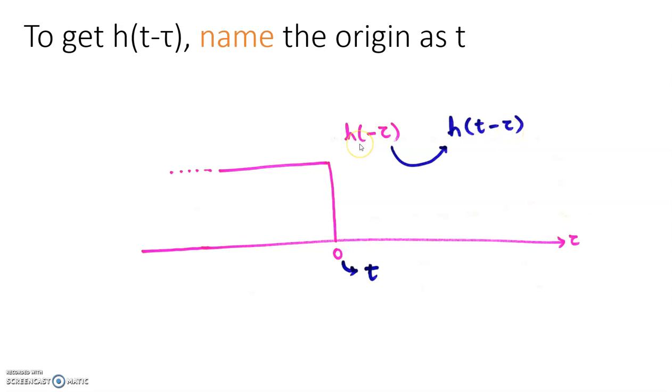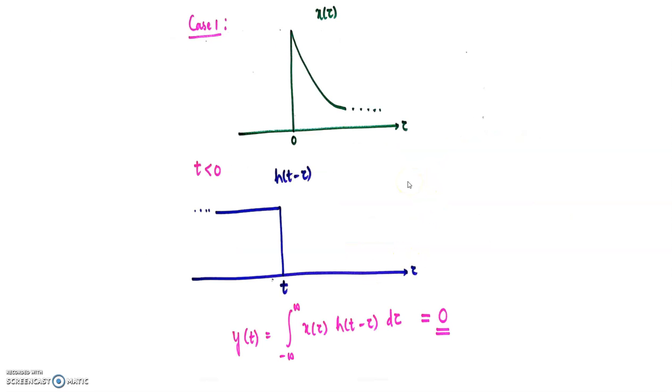Very simple, right? Now you need to shift this h of t minus tau for different values of t and obtain the output y of t. So how do we do that? Now look at this, x of tau you have, h of t minus tau you have. For this particular case, when t is less than 0, the reference axis is tau for us.